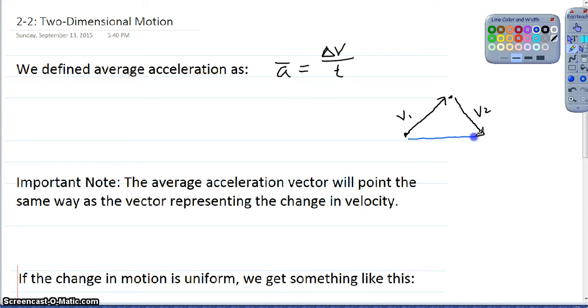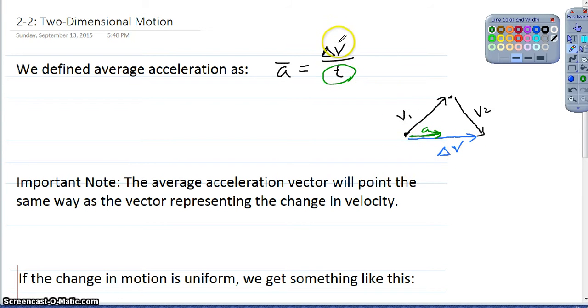So in other words, as that resultant between those velocities. So I know that the change in velocity would be this vector here. Now the acceleration, the one thing you do have to be careful about, the acceleration is not necessarily the same magnitude as the change in velocity, but it will point that same direction. Okay, so the acceleration would point this way, but not necessarily be as long. And the reason for that is I don't know the time, right?